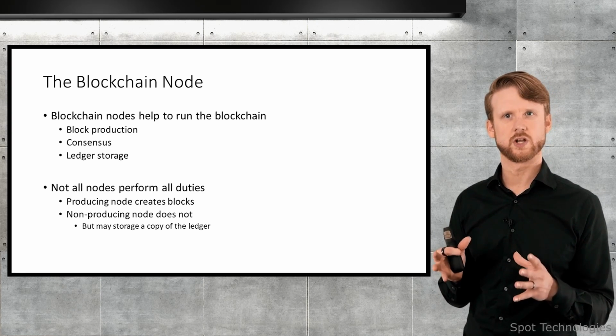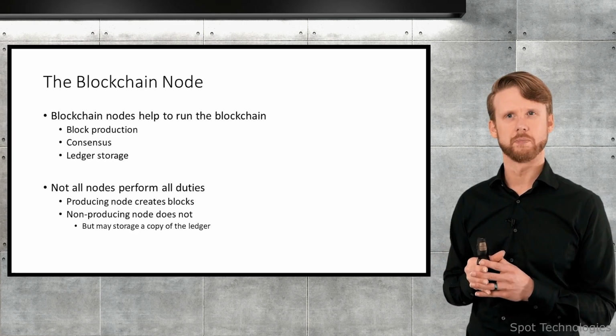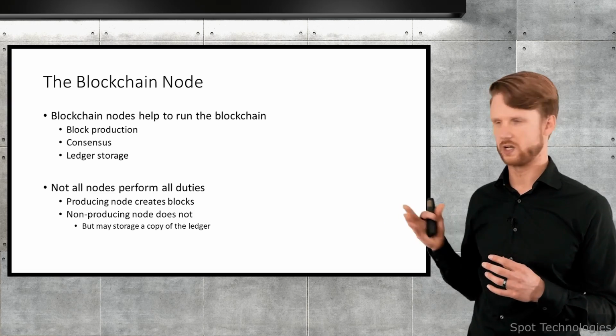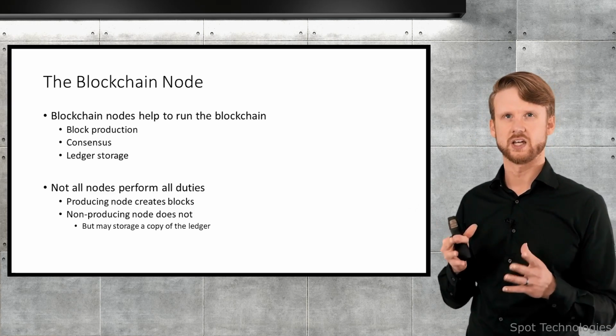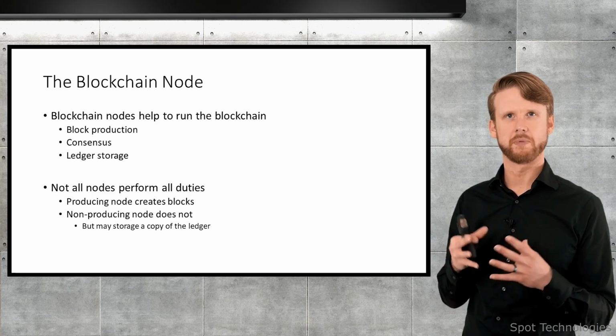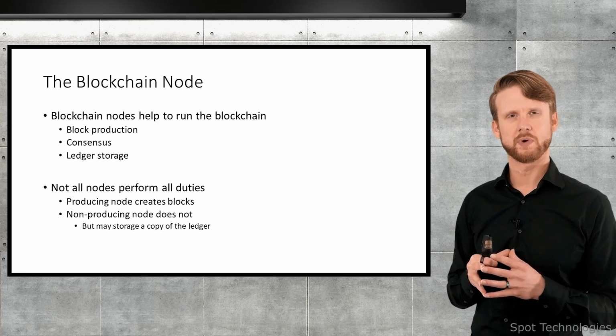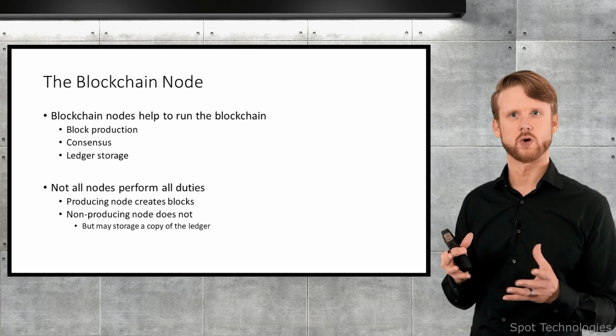And so it's important to note that not all nodes will perform all of these duties. So for example, you might have producing nodes which create blocks. And so they'll participate in consensus, they'll build blocks, send them to the rest of the network, etc. You might also have non-producing nodes, which don't.